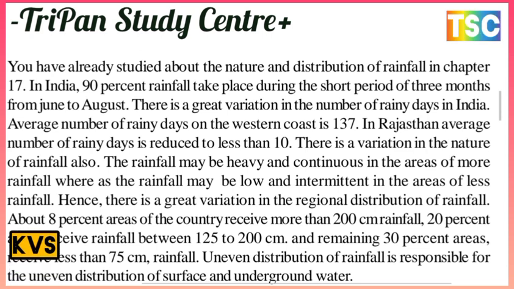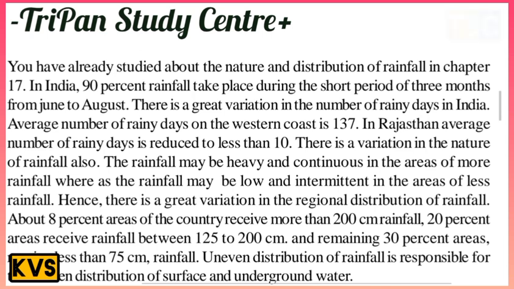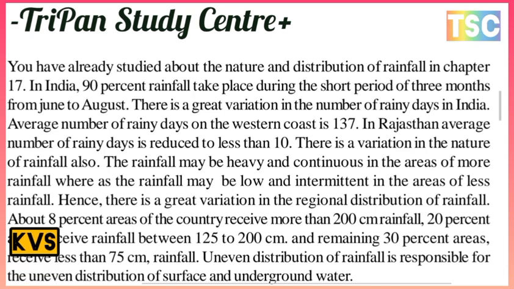About 8% of the area of the country receives more than 200 centimeters of rainfall, 20% of the area receives rainfall between 125 and 200 centimeters, and the remaining 30% receives less than 75 centimeters. The uneven distribution of rainfall is responsible for the uneven distribution of surface and groundwater.